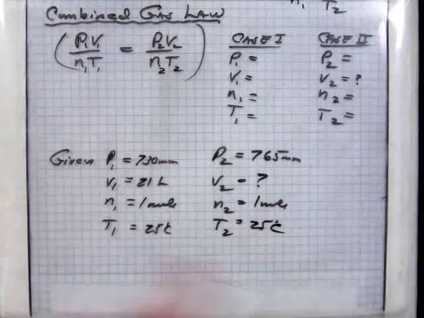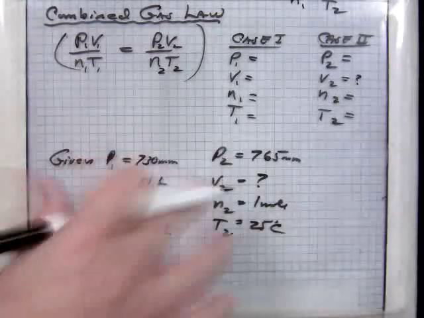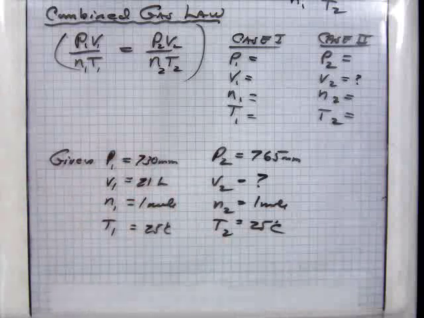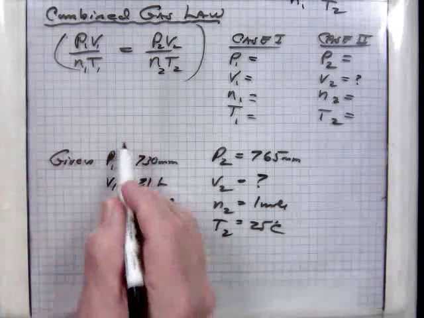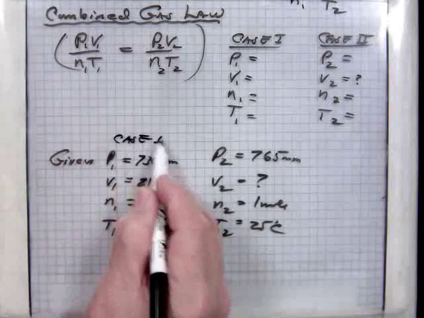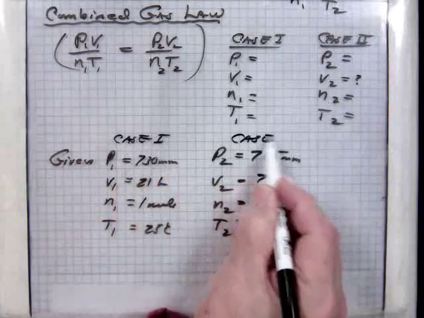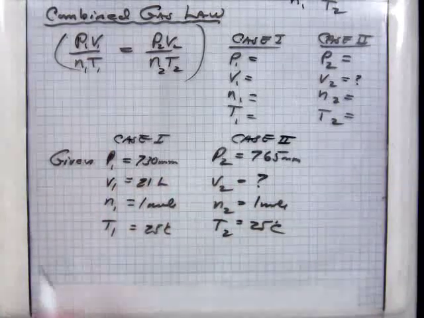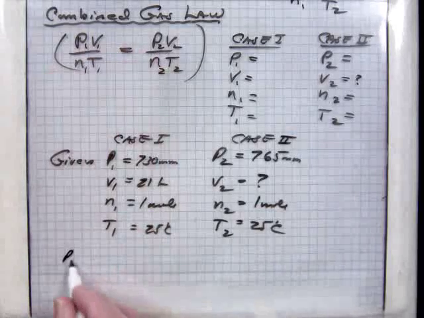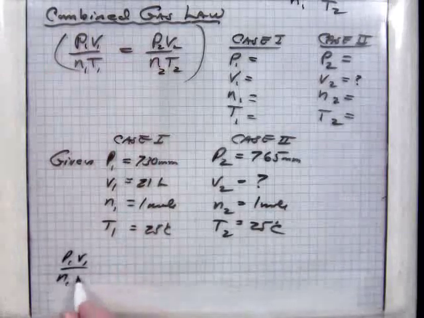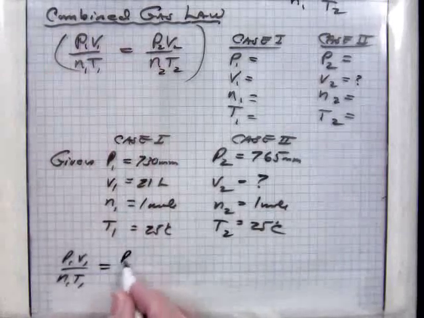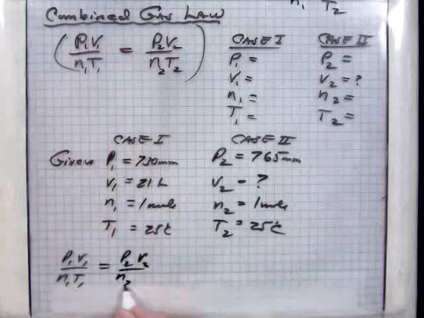So when you look at this, you want to apply this data. See, I took all 4 variables and made a table. Case 1 and case 2. Okay, now I want to plug them into the P1V1 over N1T1 equals P2V2 over N2T2.